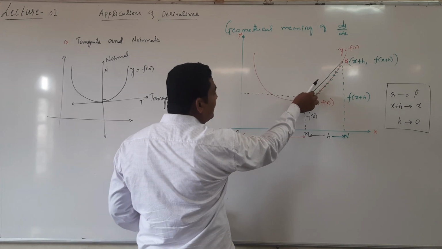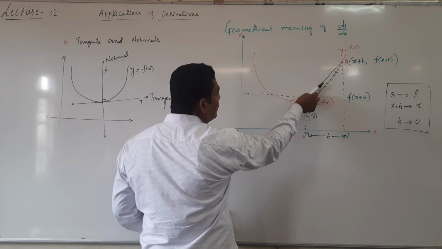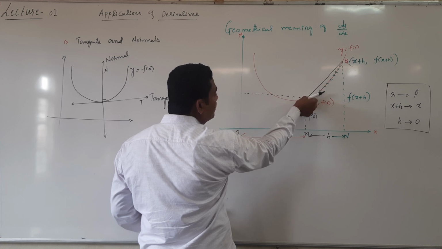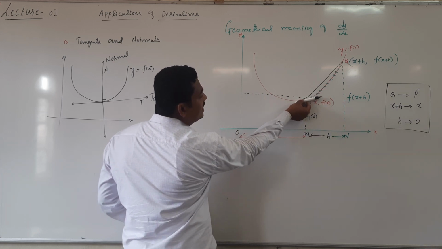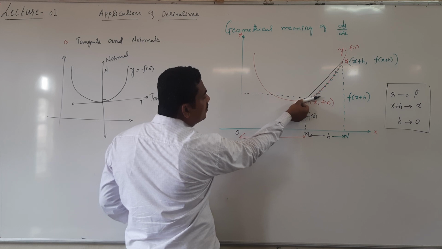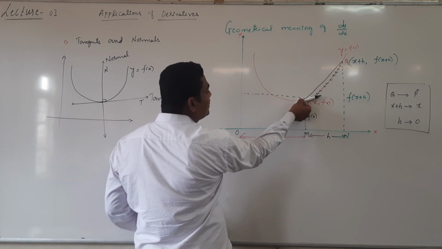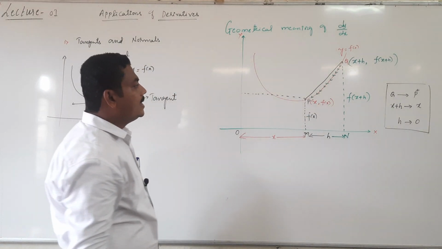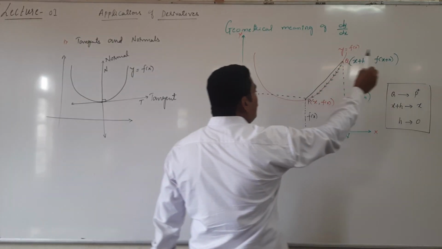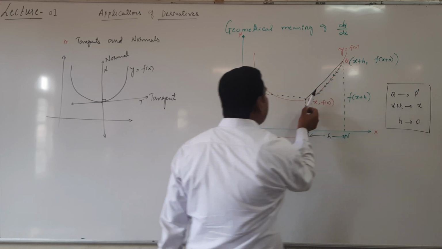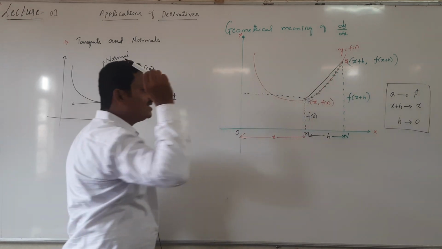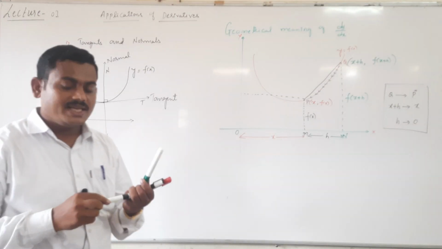Just look at this pen: closer, closer, closer. If it is very close to point P, then it is like the tangent only. Tangent means a straight line touches the curve. Whenever Q approaches P, this secant line becomes the tangent line. This is from the graph only.